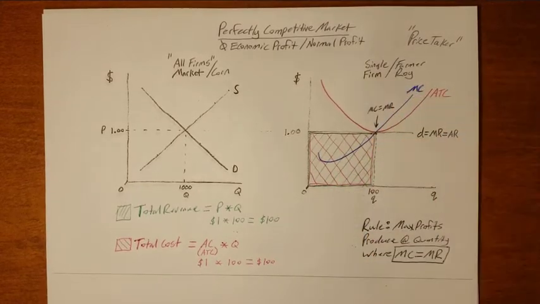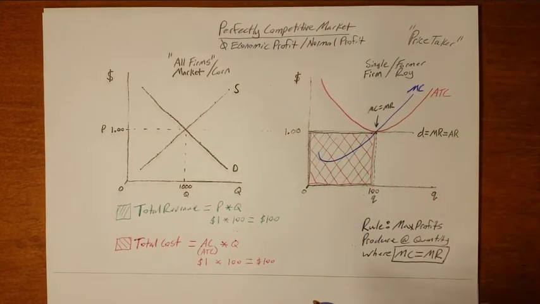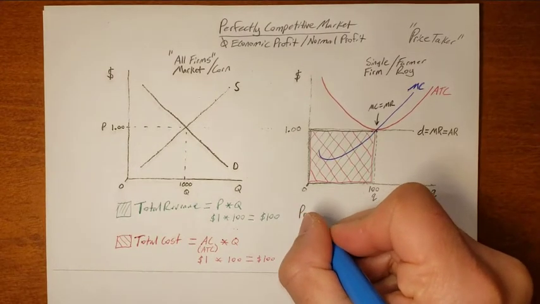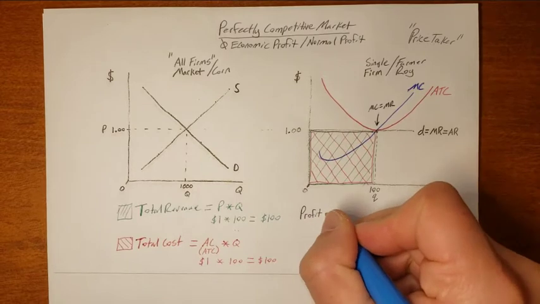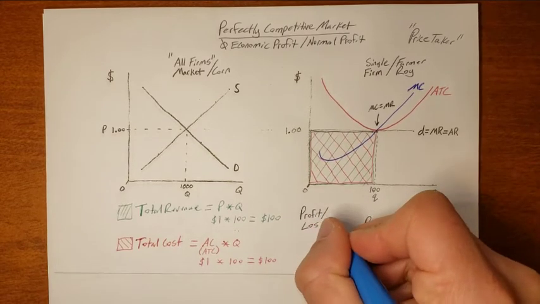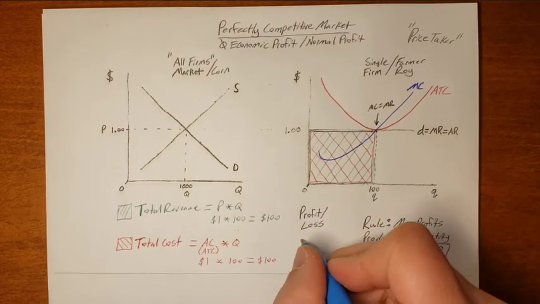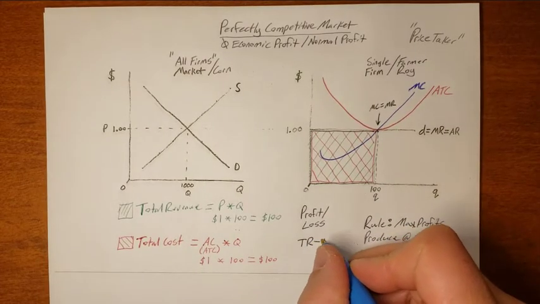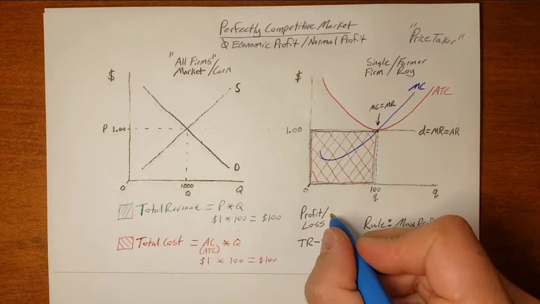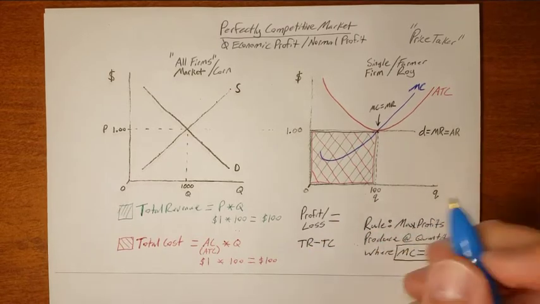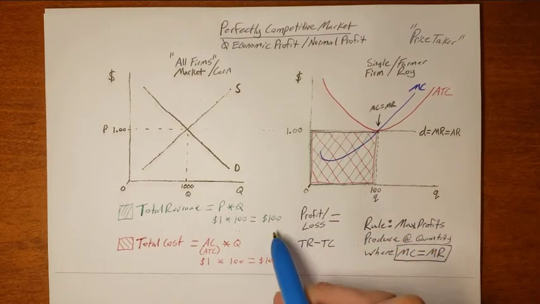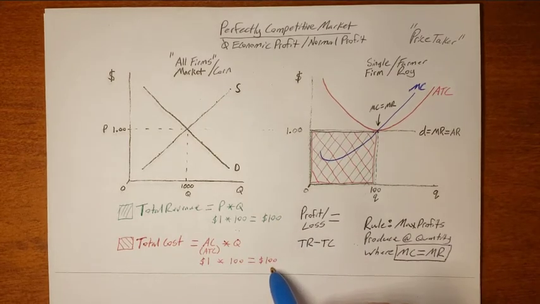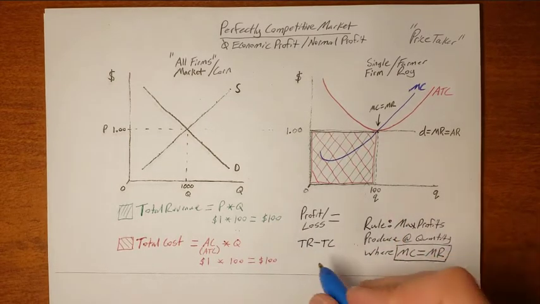Okay, so it should follow that when we're talking about the profit or loss, the formula here is the total revenue minus the total cost, right? So profit or loss is the total revenue minus the total cost. So when our total revenue is 100 and we subtract the total cost of 100, we end up with 0, right?